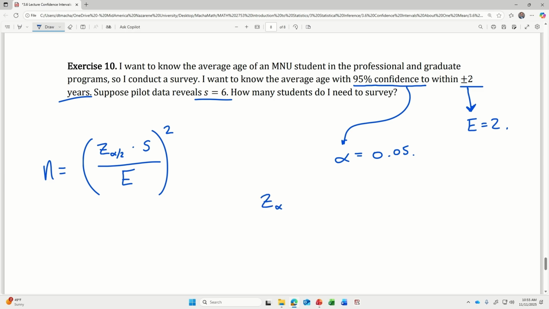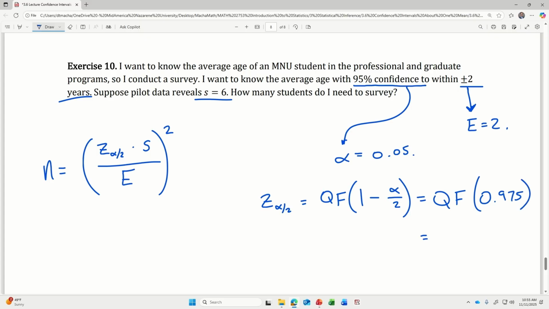So my critical value is going to be the quantile function evaluated at 1 minus alpha over 2, which is going to be my standard normal distribution quantile function evaluated at 0.975. This time I actually remembered to divide alpha by 2.